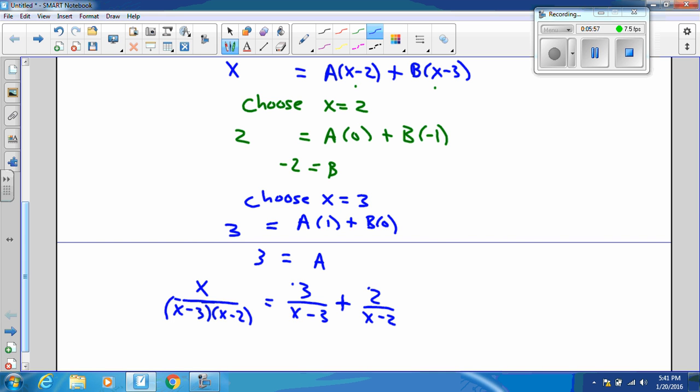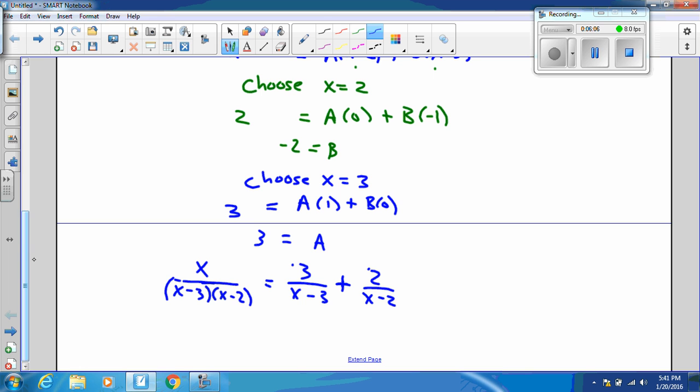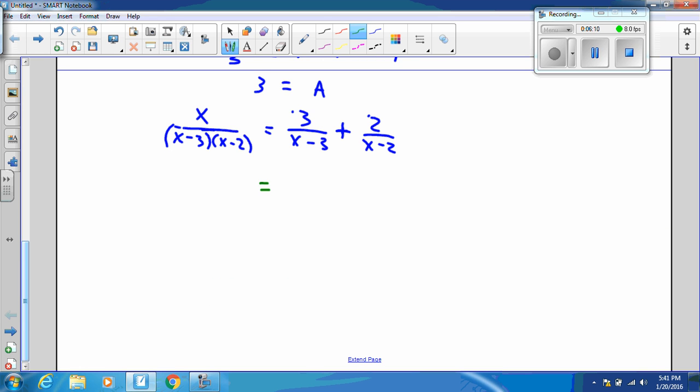Now you'll notice in this case that I happen to get a 3 here and a 2 here, but that is a coincidence. How do I know if this is actually correct? Well, I would know that this is correct by checking it by adding fractions like we have done for a really long time.